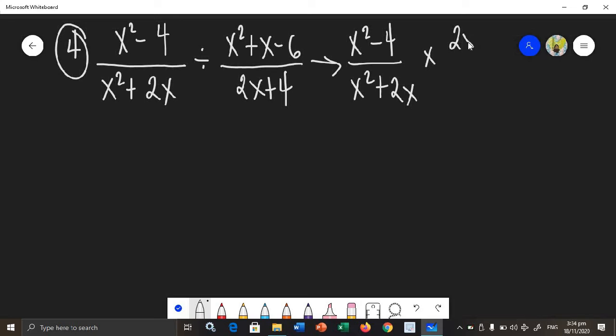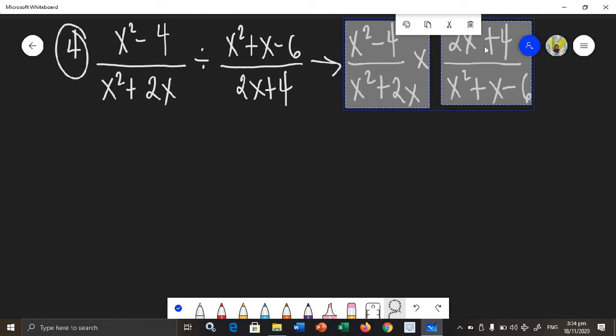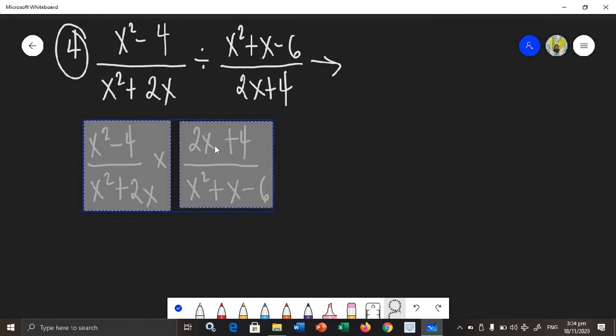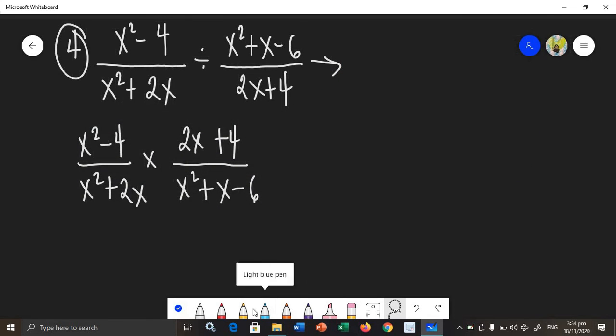So we have 2x plus 4 all over x squared plus x minus 6. Okay, so this will be our new set of given. So we will use this to find the quotient. Okay, so I'm just going to move this.